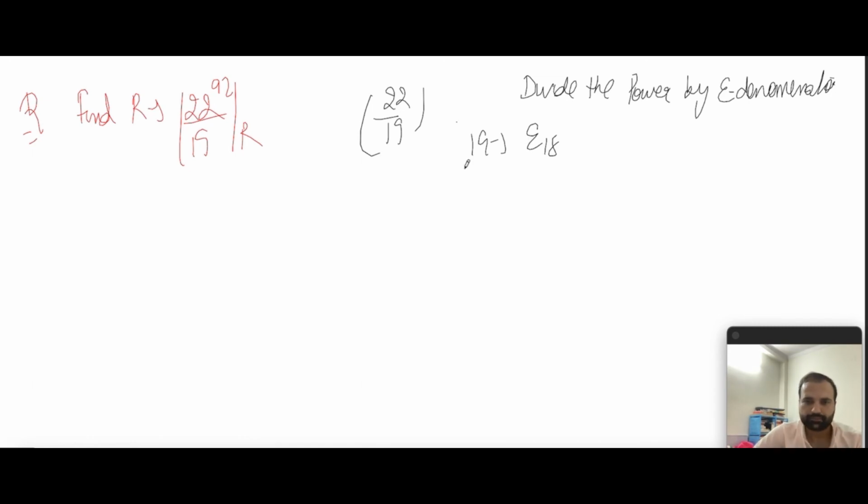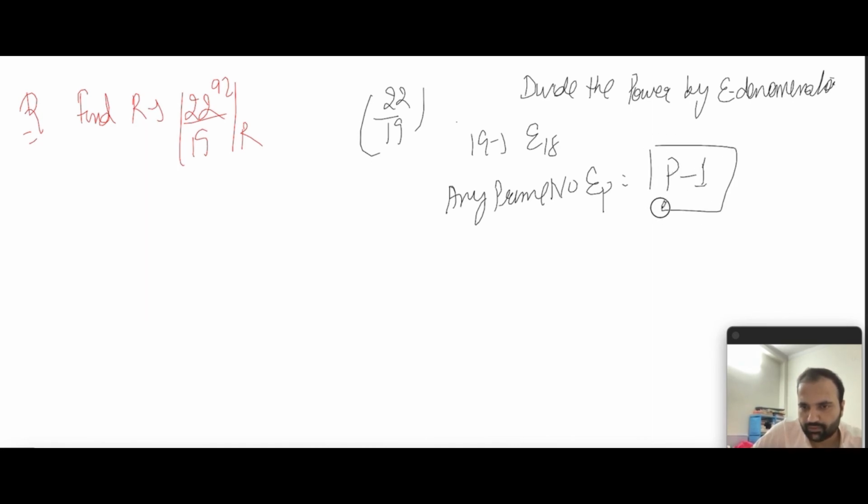How? I'll tell you. For any prime number p, the Euler is p minus 1. Remember it. So what we can do now is simple: 22 by 19, and we have 92 by 18.